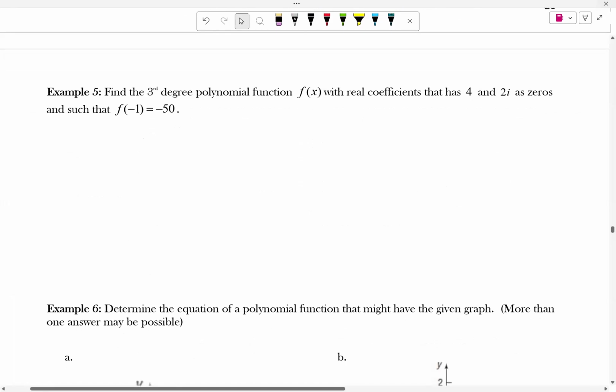So, third degree polynomial, real coefficients, 4 and 2i as zeros. I'll give you a moment to work on this.